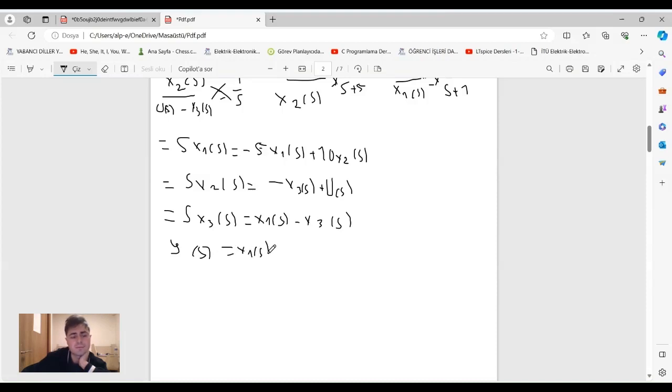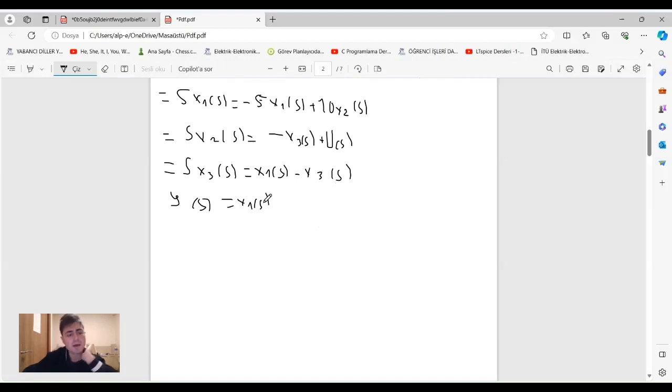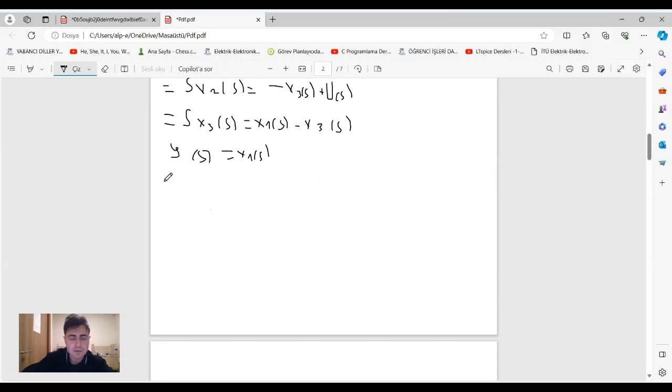That's it. And then by taking the inverse Laplace transform for each equation, we must write x1 dot (t) equal to minus 5 x1 plus 10 x2.